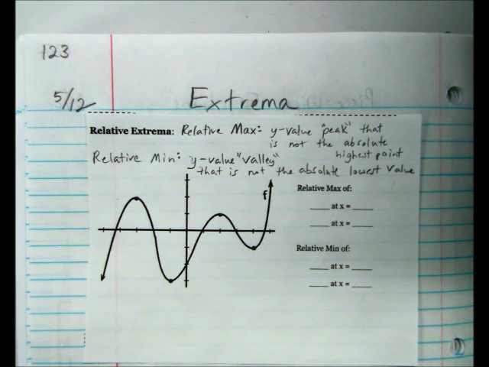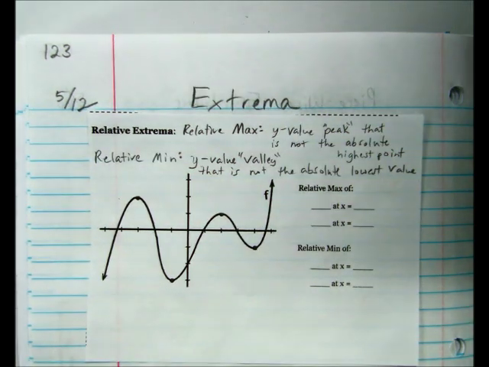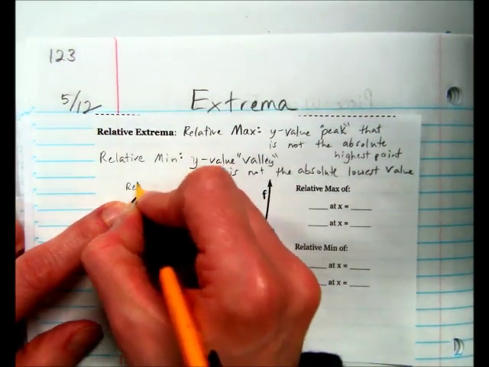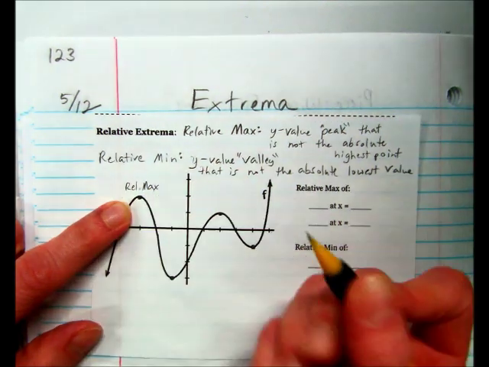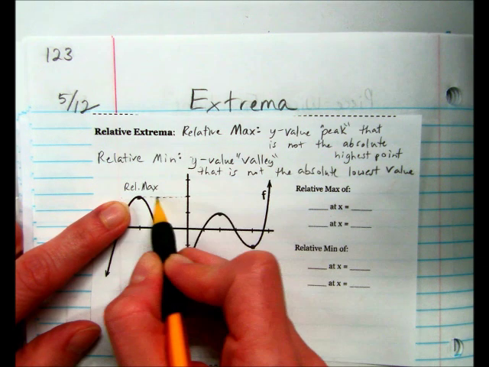Okay? So if we're going through this graph, oh, and it's all y values, which is different than what we did with increasing, decreasing. That was x values. So right here I see a peak, a relative max. So we're going to look over here to the y-axis.